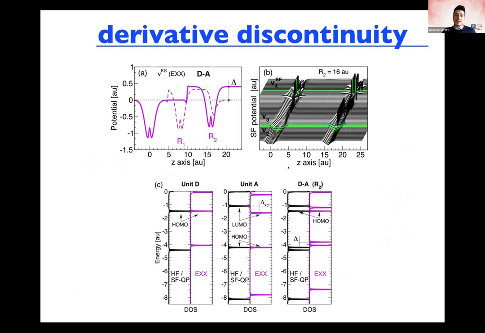And here you see that in the dissociation of a dimer, the derivative discontinuity shows up, as it's known in the literature, as an offset of the two wells that builds while dissociating. Somehow the situation is that we go from one HOMO to, at dissociation, two different HOMO levels that need to be described exactly.